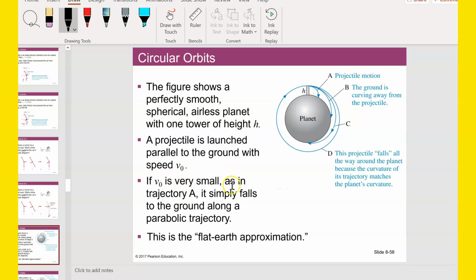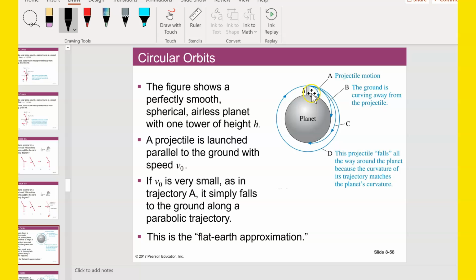If v0 is very small, as in trajectory A, it simply falls to the ground along a parabolic trajectory. This is the flat Earth approximation. But as you make that velocity get bigger, the ground is curving away from the projectile because the Earth is not flat.